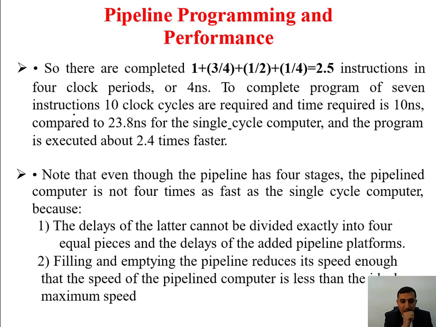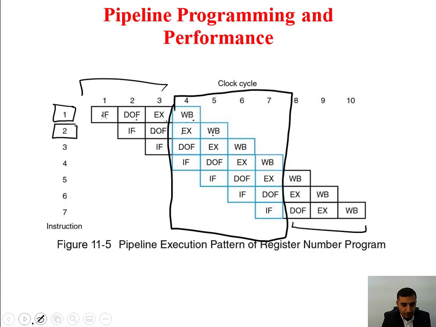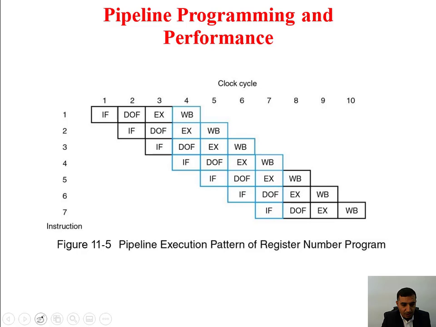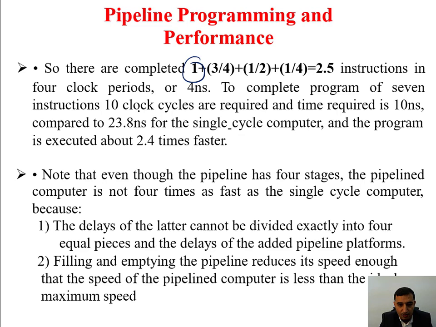Here we can see the utilization of the data path. You can see here in cycle number 4 we have full utilization, so we have 1. In cycle number 3 we have 3 over 4. In cycle number 2 we have 2 over 4, and in cycle number 1 we have 1 over 4.